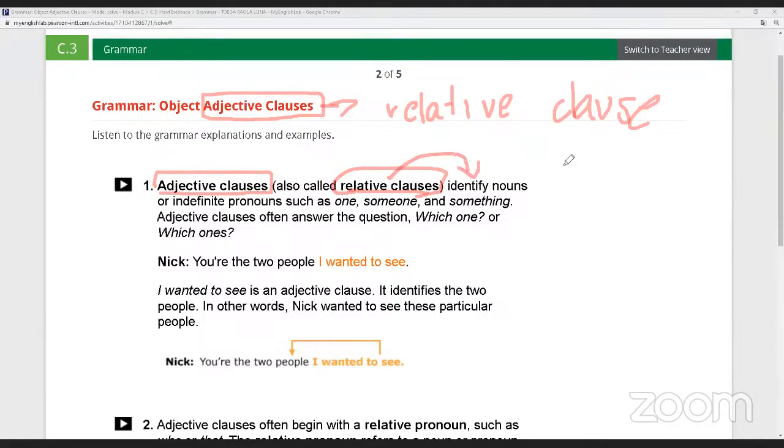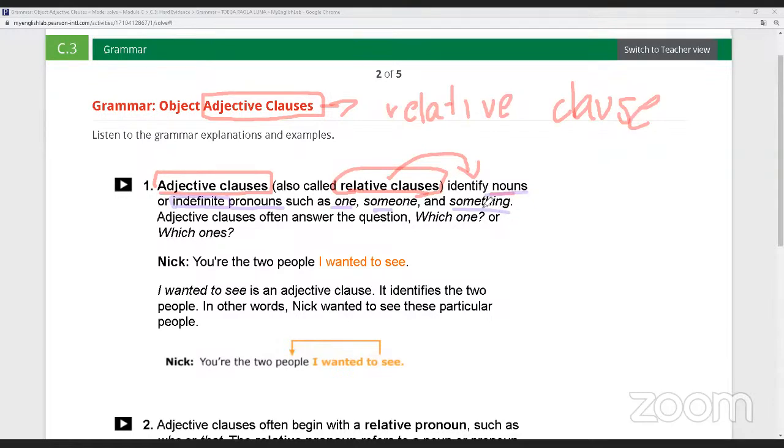The only purpose of the relative clause is going to help us to identify nouns. It could help us to identify nouns or indefinite pronouns. When I say indefinite, it means that I don't know, indefinite pronoun, such as one, someone, and something.